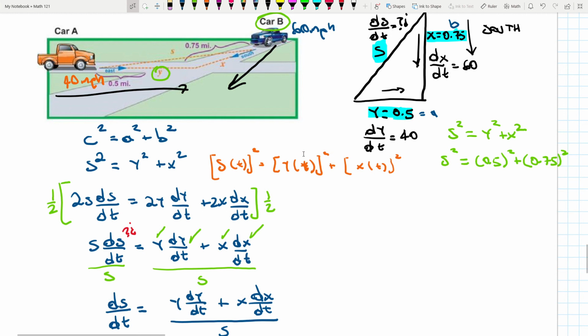So I'm going to solve for s by taking the square root of this quantity: 0.5 squared plus 0.75 squared. And using a calculator, this should give us, well, inside approximately 0.8125.